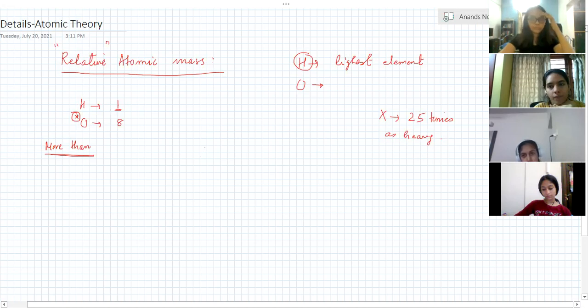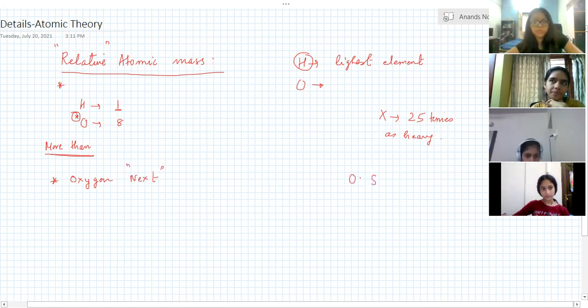So they decided to use oxygen as the comparative scale. Oxygen was 8, that was the standard for a long time, and if any element was heavier, they would say how many times more and assign it the mass.